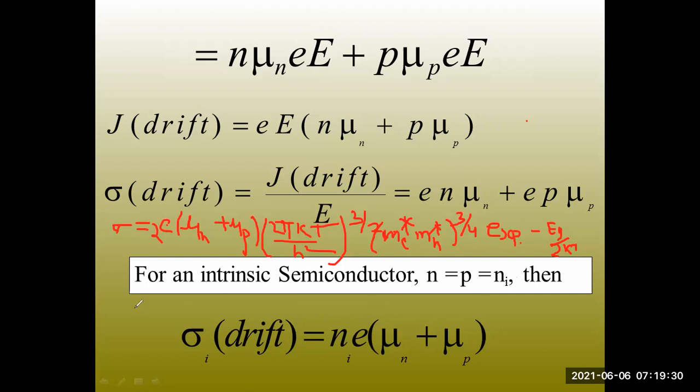Now sigma for an intrinsic semiconductor is equal to, instead of all these things, this complete part, I'm writing it as A. What is remaining? Exponential of minus Eg by 2kT.